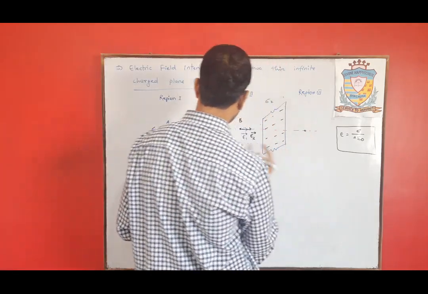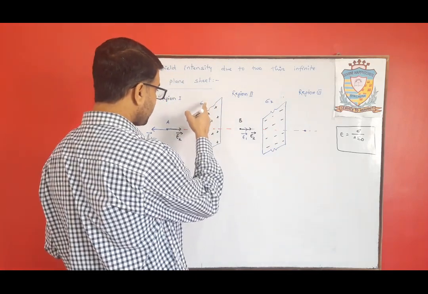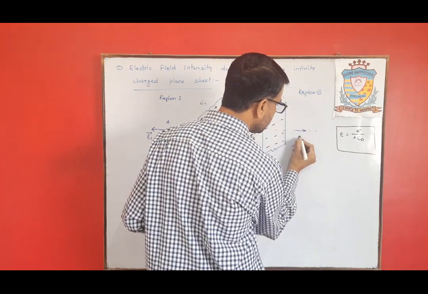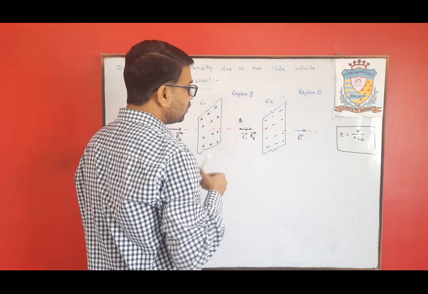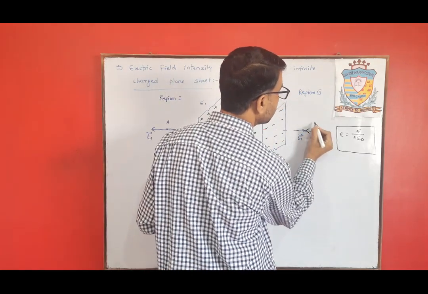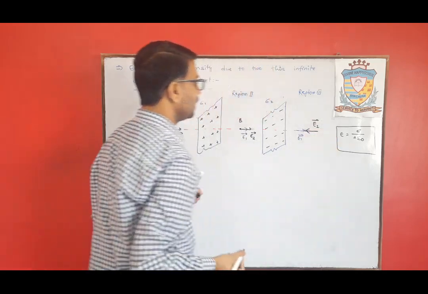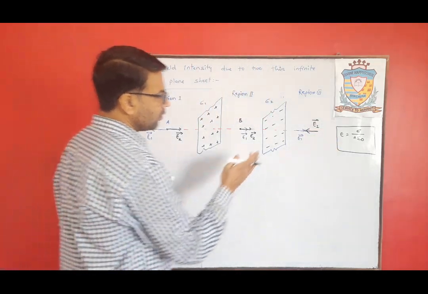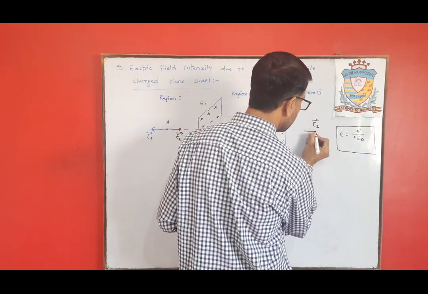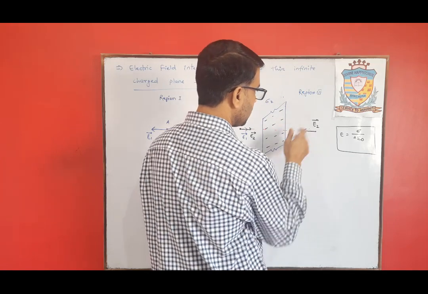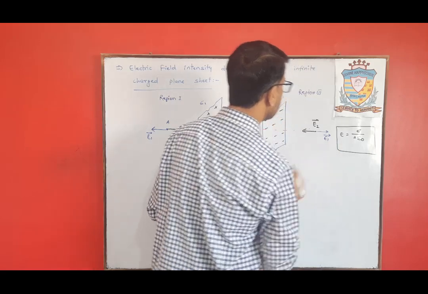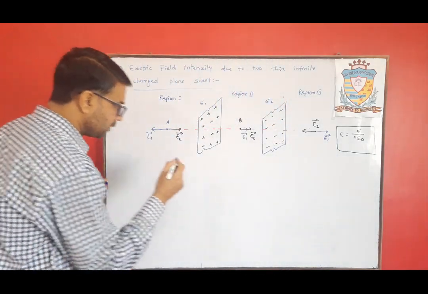At point C, the electric field intensity due to plate 1 will be somewhat like this, and for plate 2 this is inward. That means like this. So this will be the direction of electric field intensity. Or we'll draw the same thing. This will be due to E2 and E1.